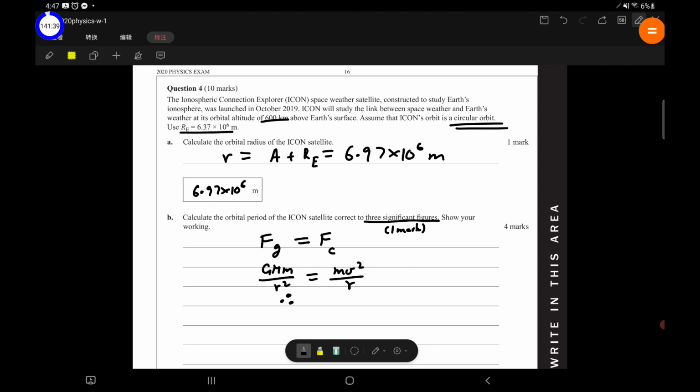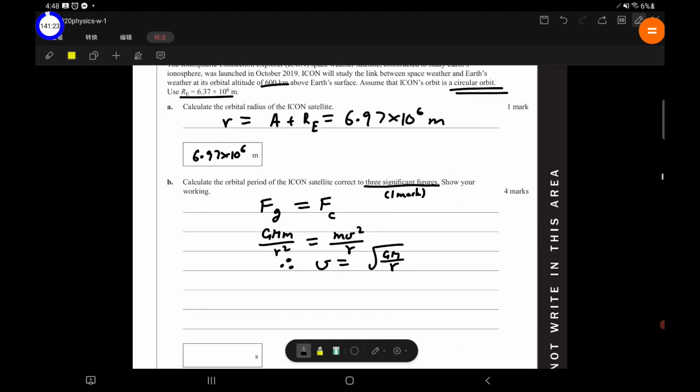So we're asked to find the orbital period. Now, nothing in this equation tells you the period, but hopefully you remember that speed and period are related. So I can first try to find the speed, which is given by this, using some algebra. Then I can combine this with the definition for period. Period is equal to the circumference of the circle divided by the speed, distance divided by speed essentially.